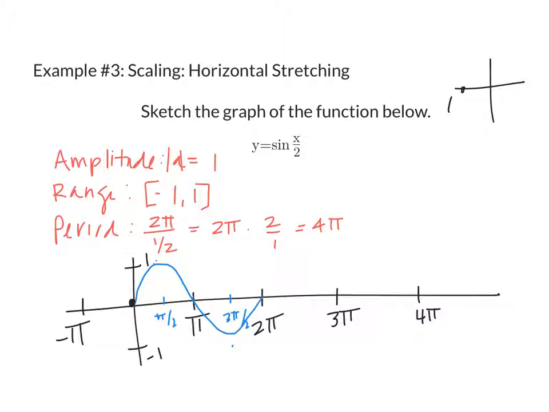At pi, you essentially just move everything over. Whatever was at pi over 2 is now at pi, because I'm taking these and breaking them up into 4. So this now goes here.